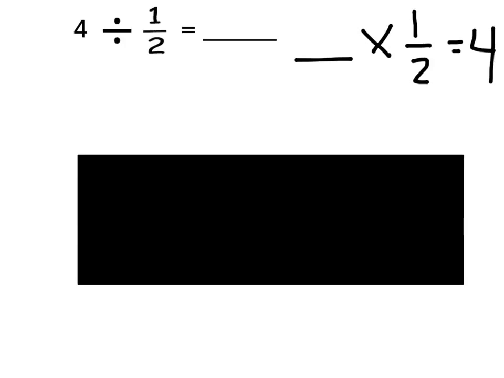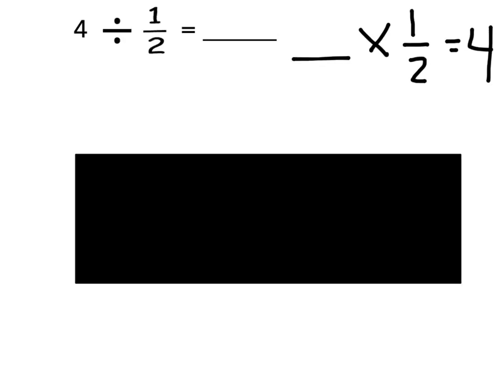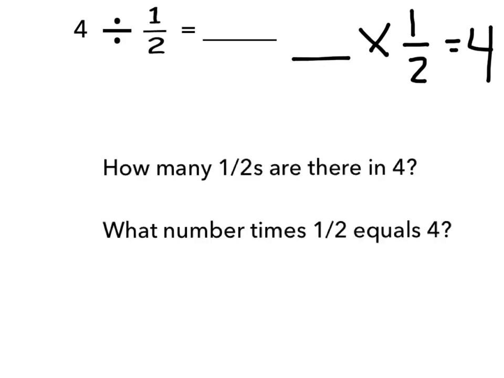Now, one way to think about what that actually means is to think about how many halves are there in 4, or how many groups of 1/2 are there in the number 4. Another way to think about it is what number times 1/2 equals 4. So we can think about it in both of those ways.